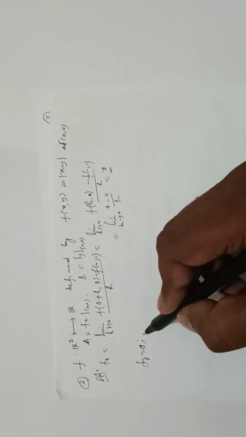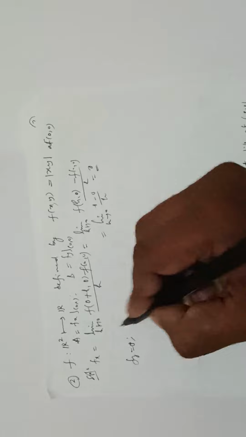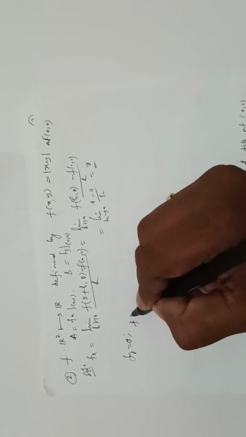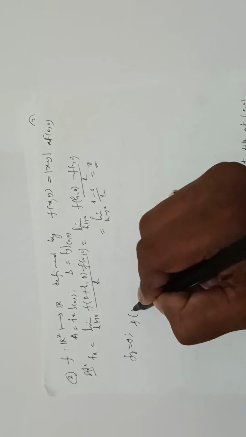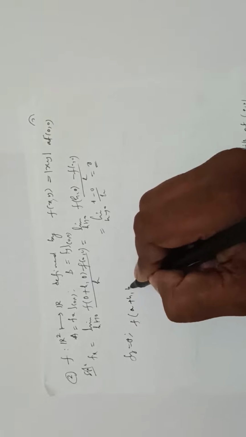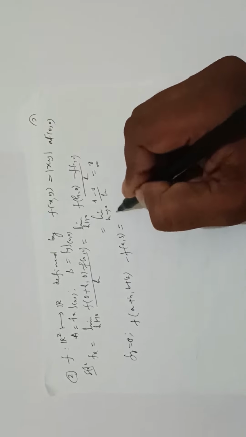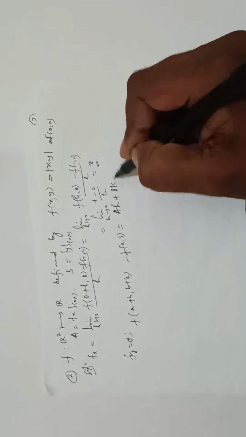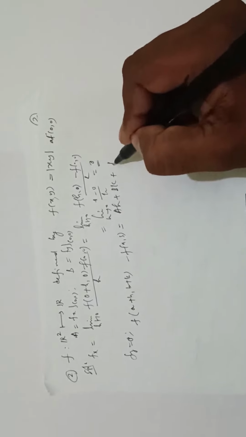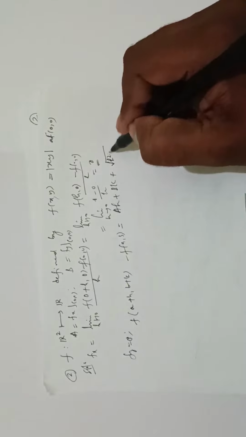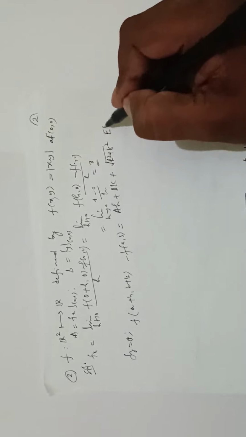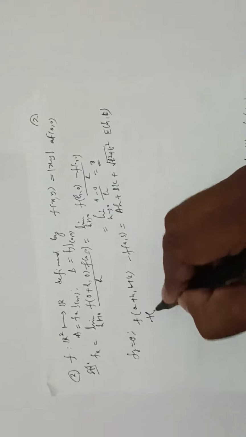Idea is clear? Now you need to have that formula f of a plus h comma b plus k minus f of a comma b equals ah plus bk plus square root of h square plus k square e. Now what is this?